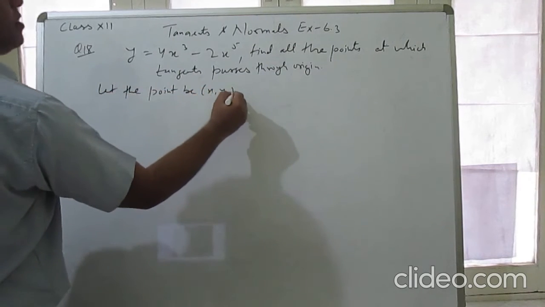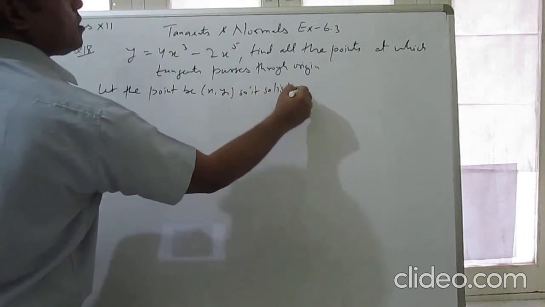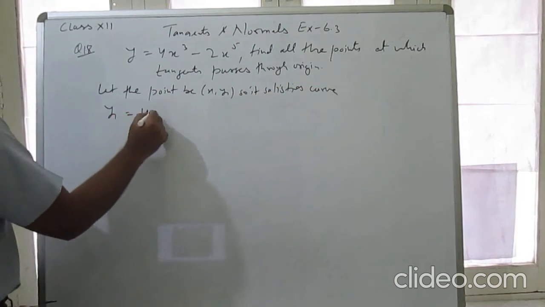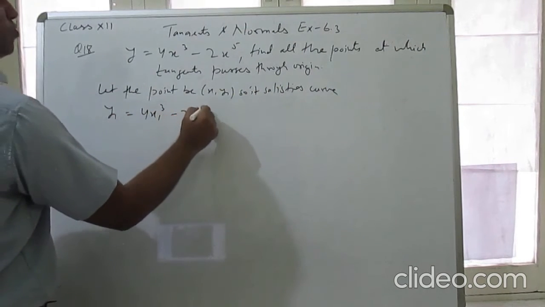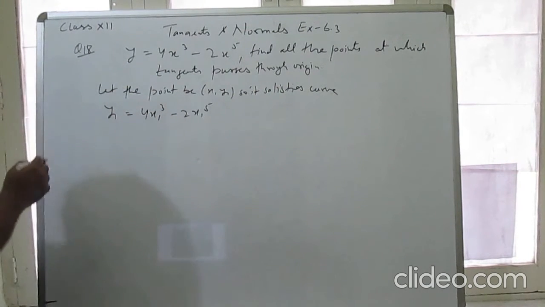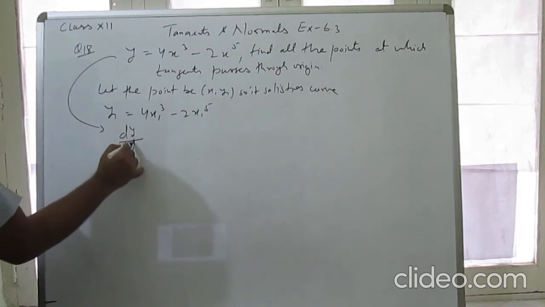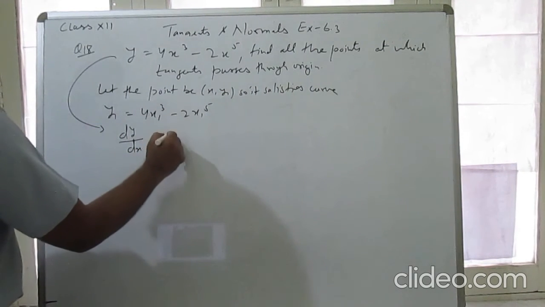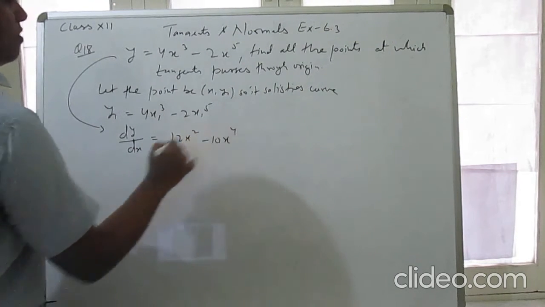x1, y1, so it satisfies the curve. We get y1 is equal to 4x1 cube minus 2x1 to the power 5. Now what is the slope of the tangent? dy by dx is equal to 12x square minus 10x to the power 4.